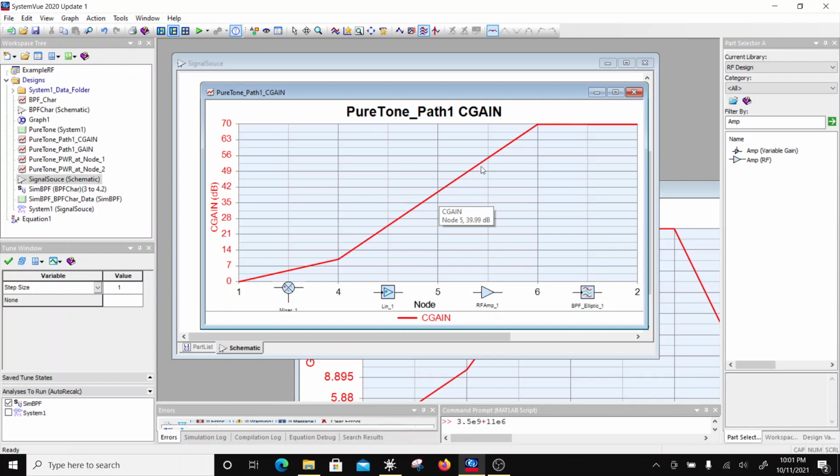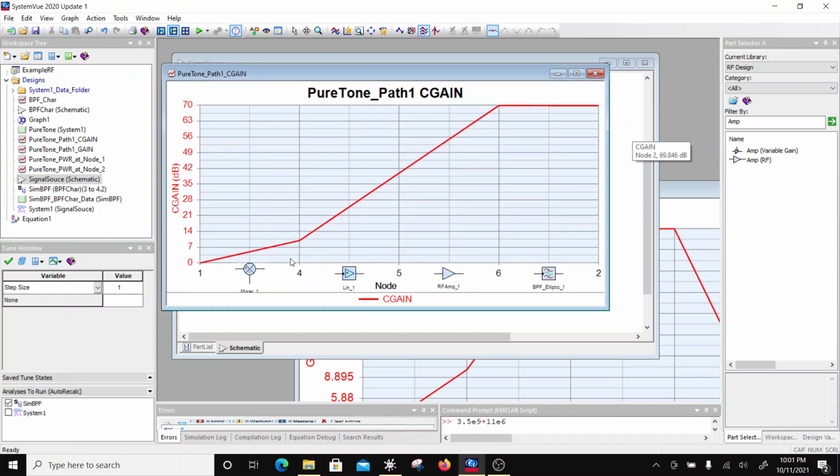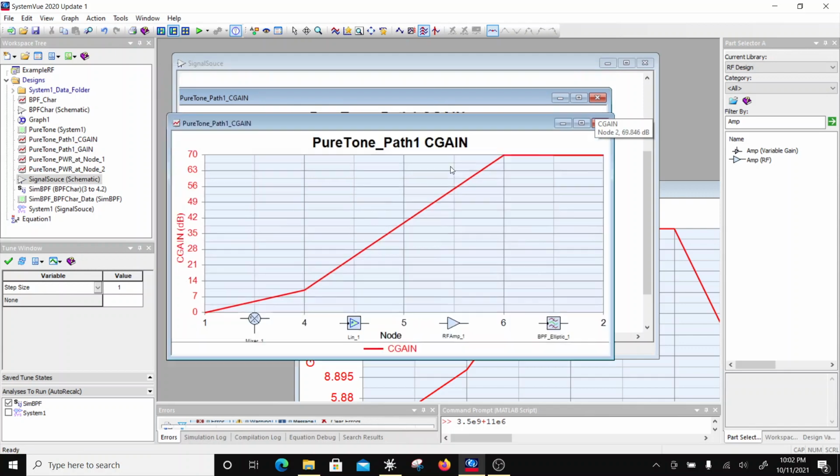Then you have another gain of 30, so that becomes 70. So that's a 70 dB gain. And then there is a loss of 0.1 on the filter. So cascaded gain will make more sense to you. So I have plus 10, plus 30, that's 40 here, plus 30, that's 70 here, minus 0.1 from the filter. So you are looking at that.